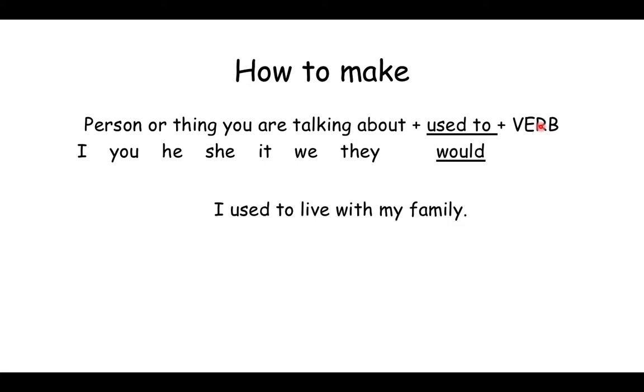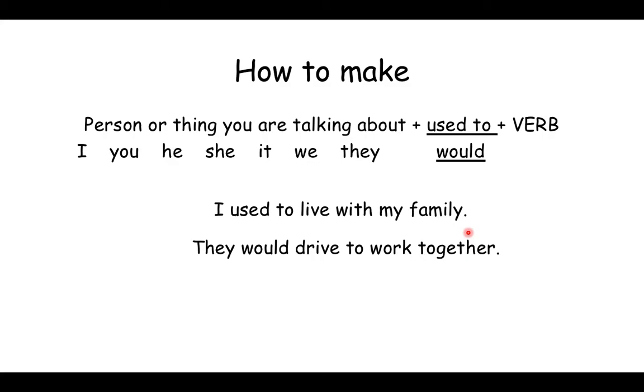So for example, this sentence says, I used to live with my family. So we have the I right here. We just took it from up here. You just have to pick I, you, he, she, it, we, or they. So we used I, and then this one uses used to, and then live. That's the only thing you need to do to put it together. And then you have the rest of the sentence. I used to live with my family.